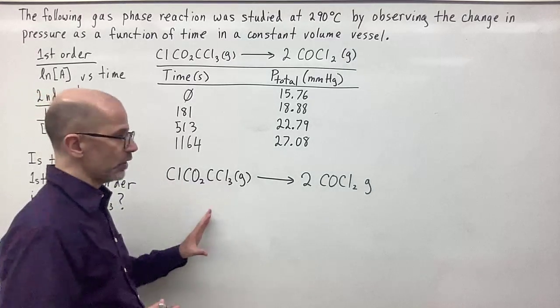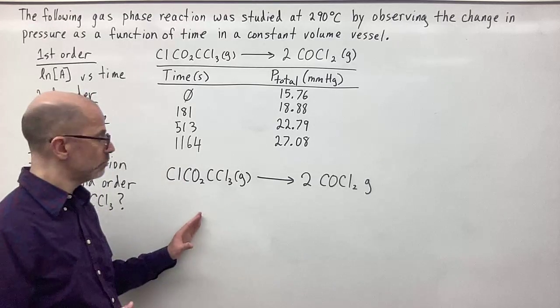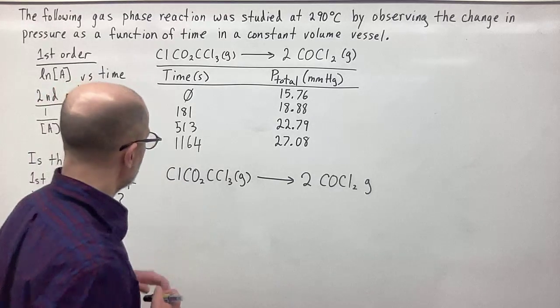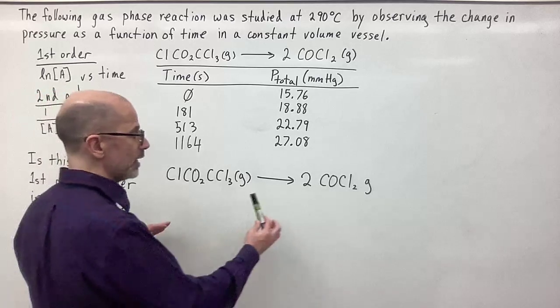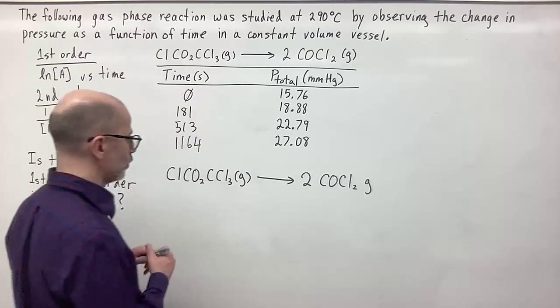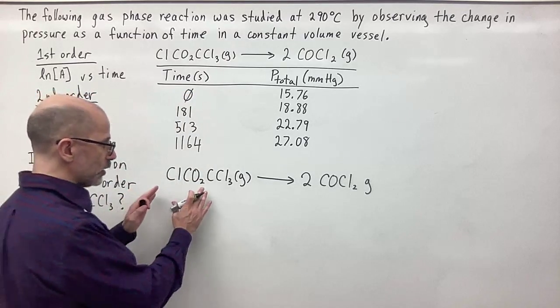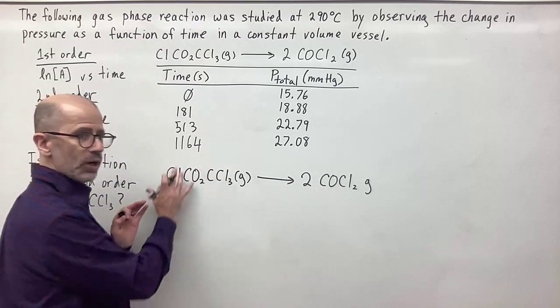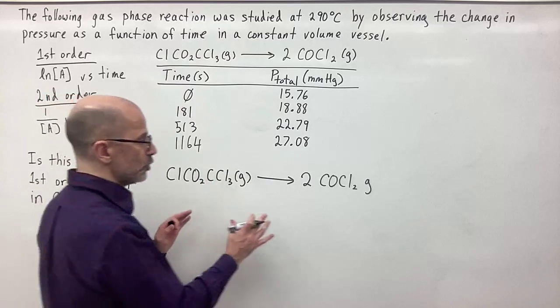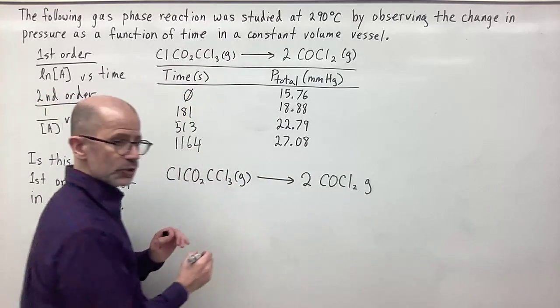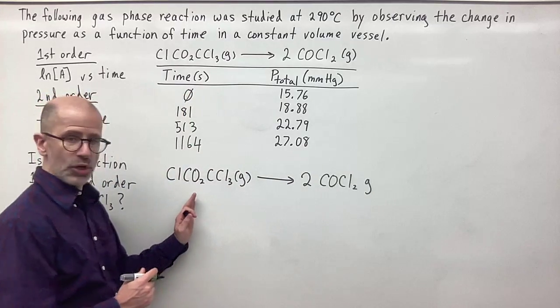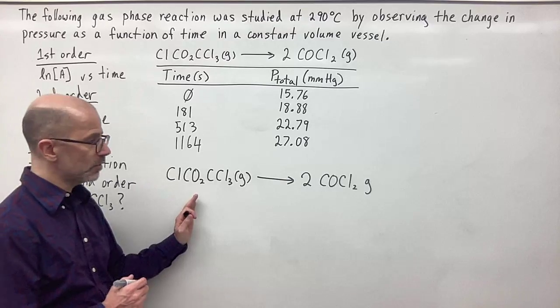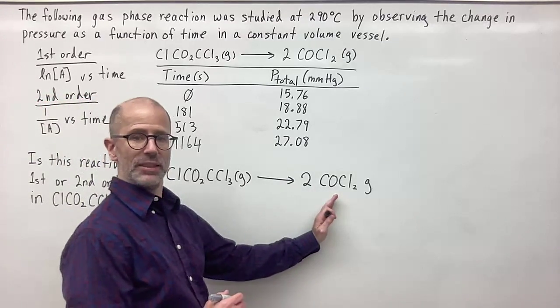We start with a certain amount here, and we're going to end up with a certain amount here. So look at the mole ratio. For every one of these, we produce 2 of those. So if you lose a certain amount here, we're going to gain twice as much here.